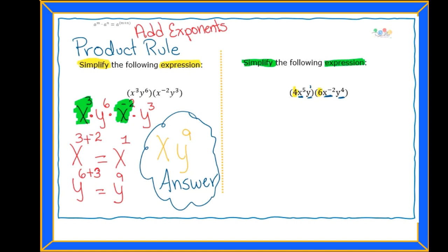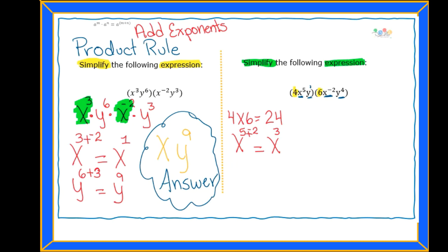So the first thing I need to do is multiply my coefficients, right? I'm going to multiply 4 times 6, and I get 24. Everybody with me? Okay. Now let's take care of the exponents, the bases. I'm going to go with x to the 5th power. Since I am multiplying, what do I need to do? I need to add the exponents. The other x has a negative 2, so I'm going to say plus negative 2. And that will give me x to the 3rd power. Very good.